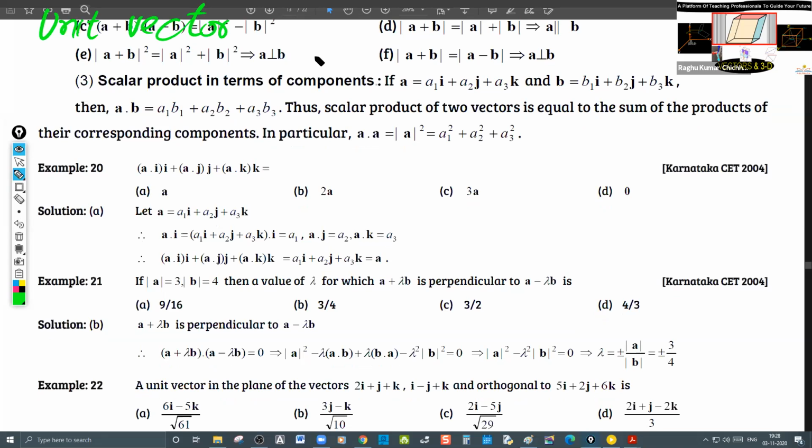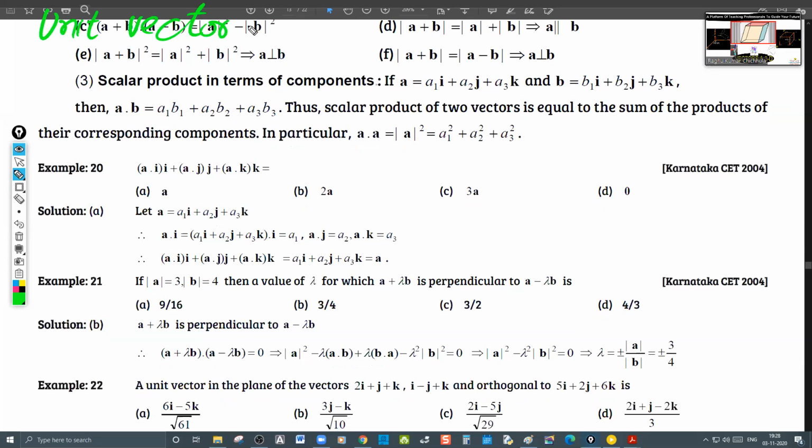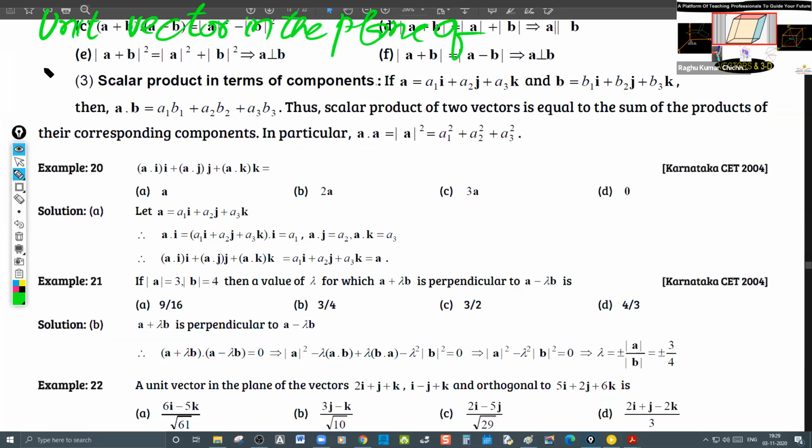A unit vector in the plane of 2i plus j plus k, comma i minus j plus k, and orthogonal to 5i plus 2j plus 6k.